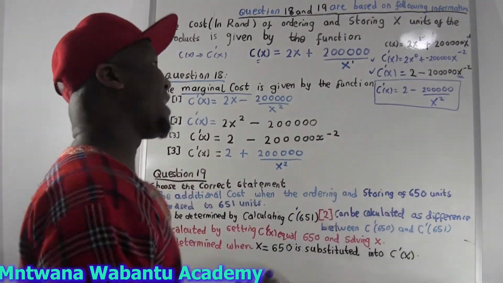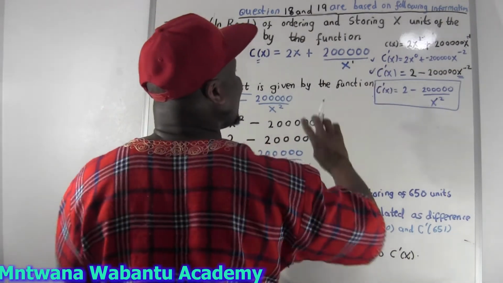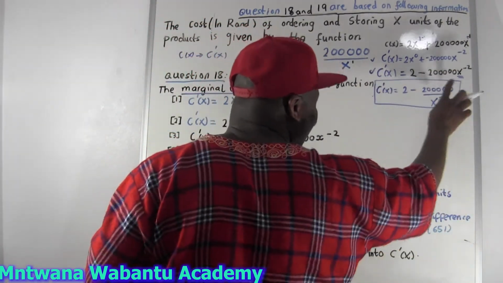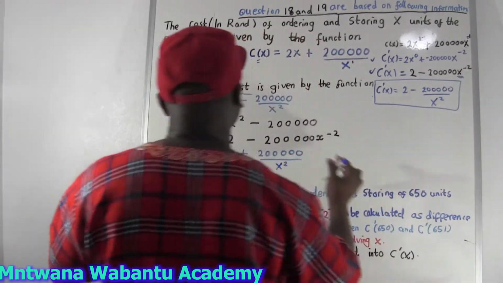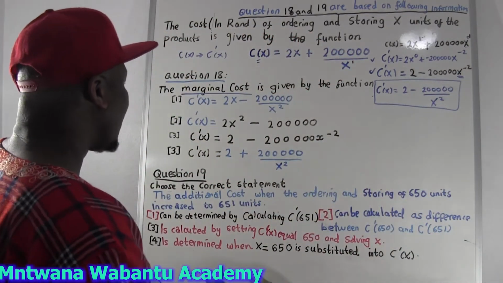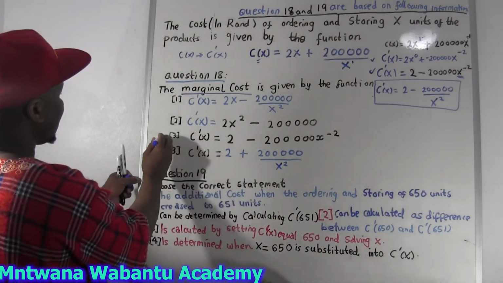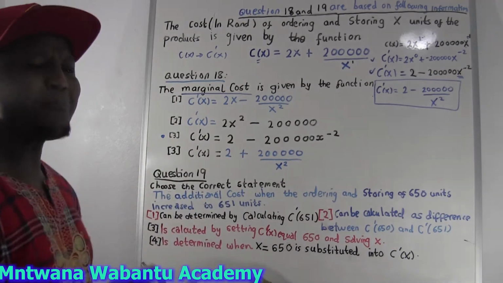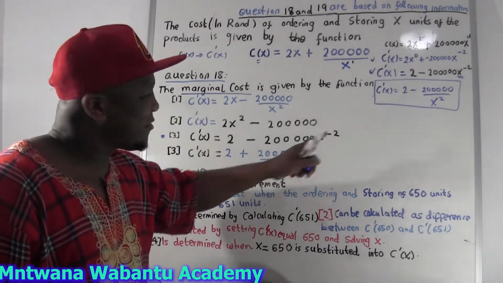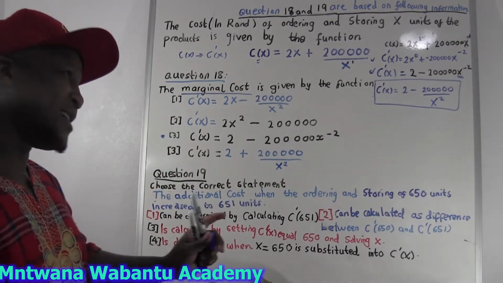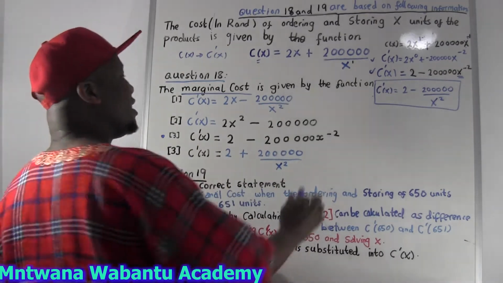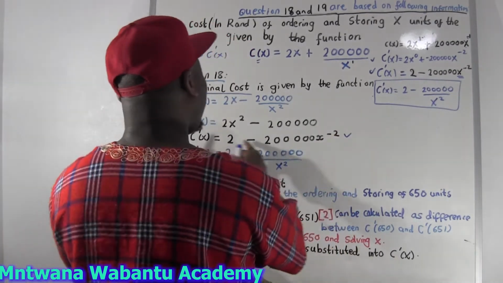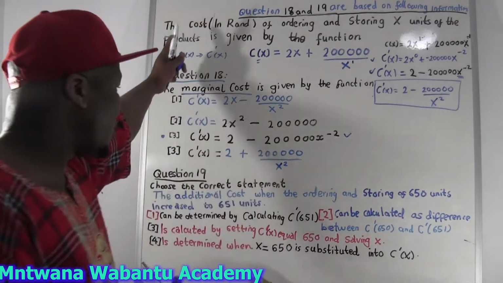If you come to the options here, both of them are okay, but I'll go for this because this is more simplified. This is the answer. But for them, I blame them because they didn't simplify further, man. But it's okay because it's part of the answer. So this is our marginal cost, because you differentiate.